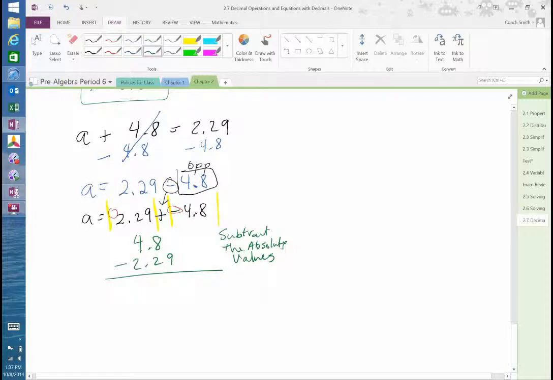Now, I need to add a 0 right here so they have the same amount of digits. Can I do 0 minus 9? No. So I have to borrow, make that a 7, make that a 10. 10 minus 9 is 1. 7 minus 2 is 5. 4 minus 2 is 2.